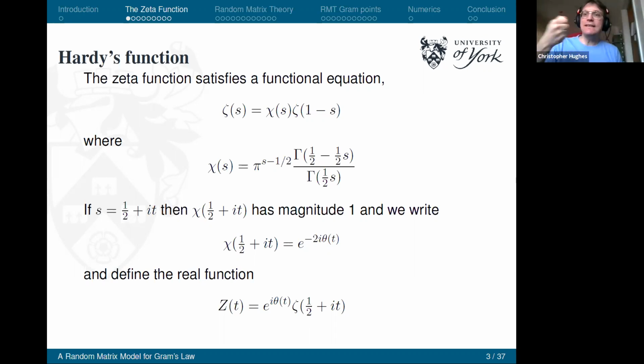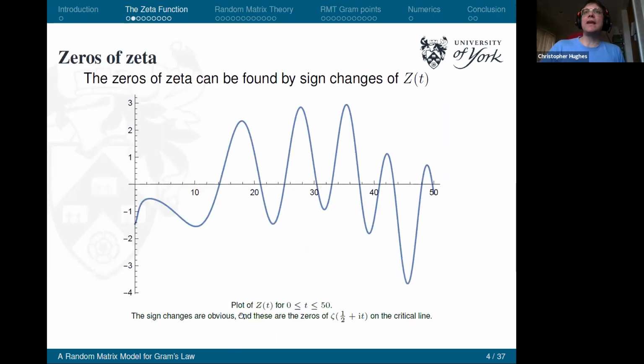And this means finding zeros becomes much simpler, because you can plot a real function and find where it changes sign. And where that happens, you have a zero, right? The intermediate value theorem comes to your rescue and you've got a zero. And this is actually how they do it.